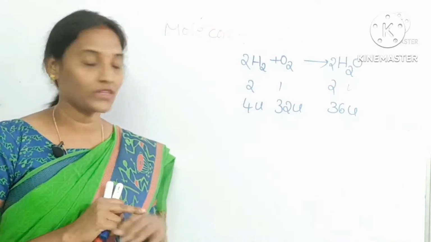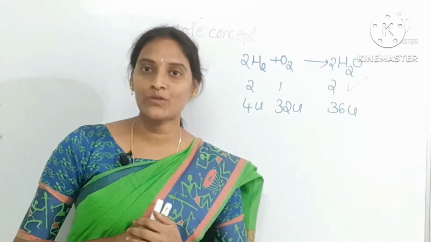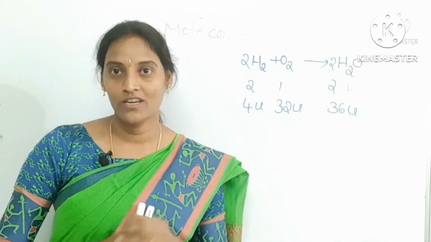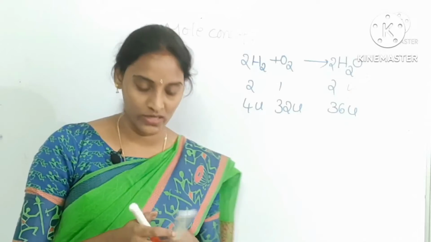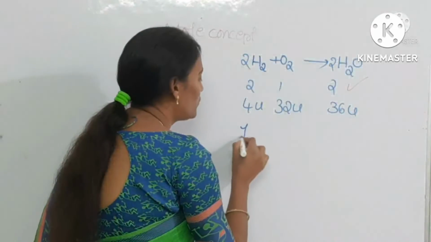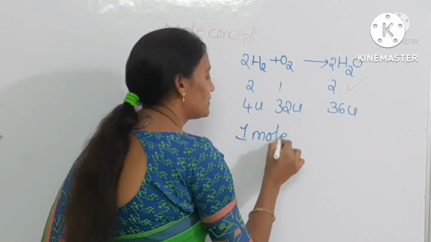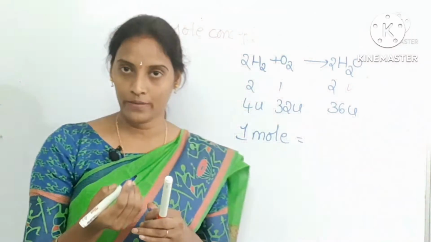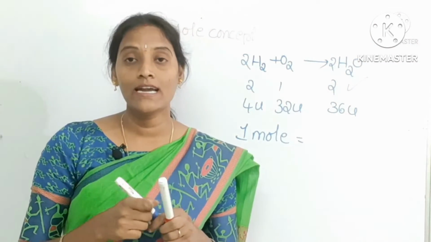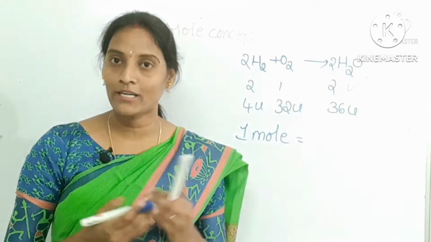At this time, the concept of the mole was introduced by the scientist William Ostwald. See, what do you mean by mole? A mole is nothing but a massive heap of atoms or particles.